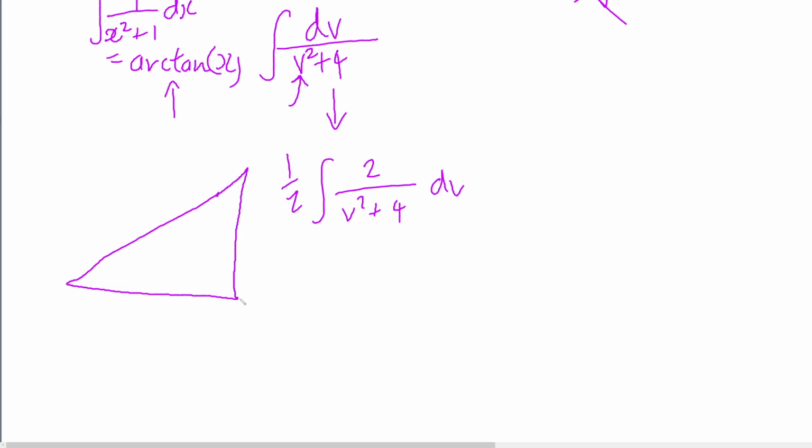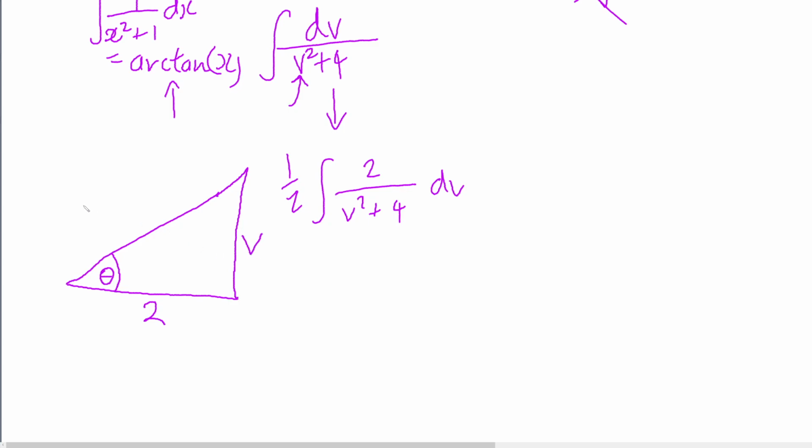It's a completely fictional triangle, but it's going to help us visualize how different trigonometric functions are related, because the last substitution we're going to pull here is a trig substitution, in the sense that something is going to be made equal to some trigonometric function. So suppose you have some angle theta here, and one side of this triangle is a side of length 2, and one side is a side of length v.